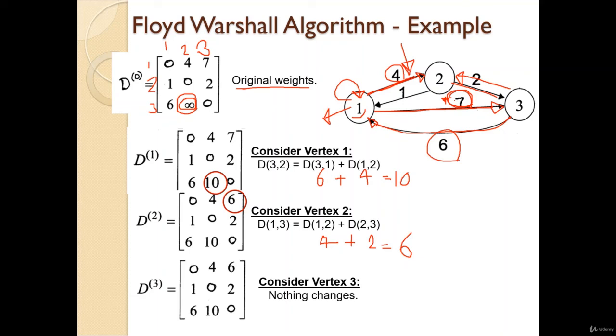Because we have seen the travel from 3 to 2, and then the travel from 1 to 3, but from 1 to 2 the only way to travel is the direct edge, which is 4, because no shorter path exists to travel from 1 to 2 than 4. So we will do nothing with the third vertex. This is how the Floyd-Warshall algorithm works. It updates the shortest paths among the nodes.